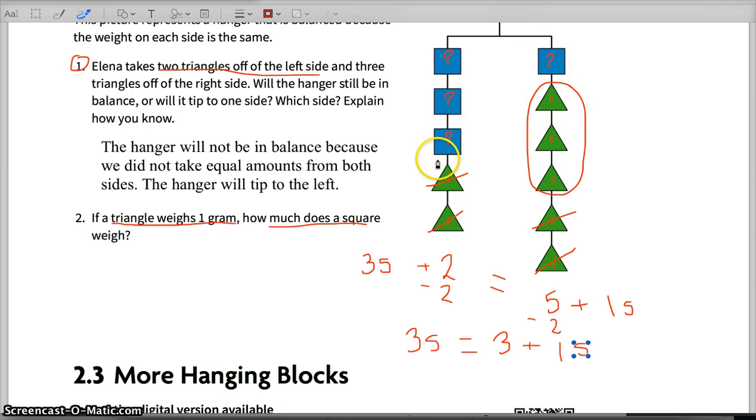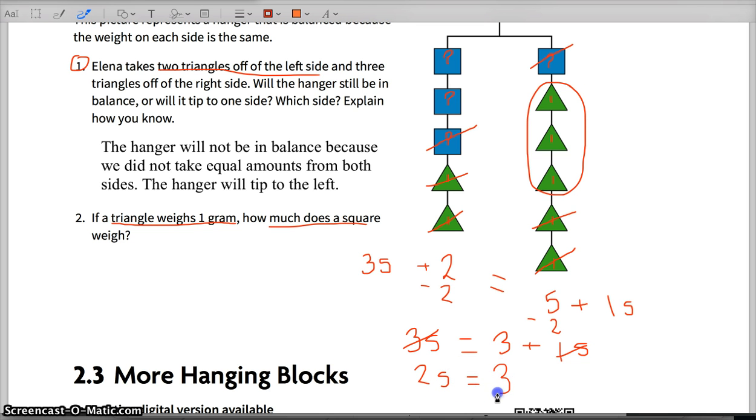Well, I know that I can get rid of some more things here, and I know I can't take away any more triangles because the left doesn't have any more, but both sides have squares. So let me take away a square. If I take away this square on the right and this square on the left, I'm still balanced. I took away 1 from each. So I took away this 1 square here, and now I have 2 squares over here. 2 squares equals 3 triangles.